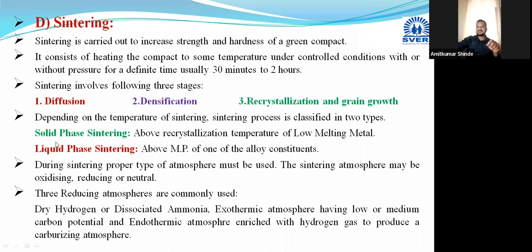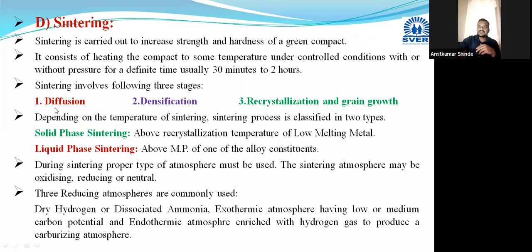Then depending on the sintering we are doing, the metal particles of one metal will start diffusing on other metal particles. Either it starts deforming plastically or it melts and gets diffused on the other metal powder particles. This is termed as diffusion.